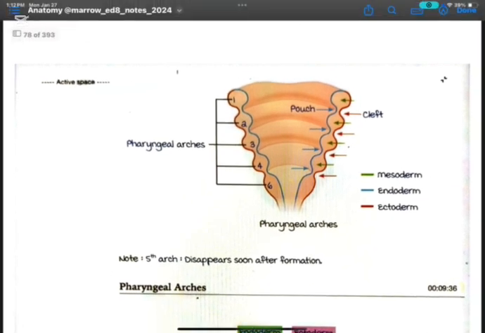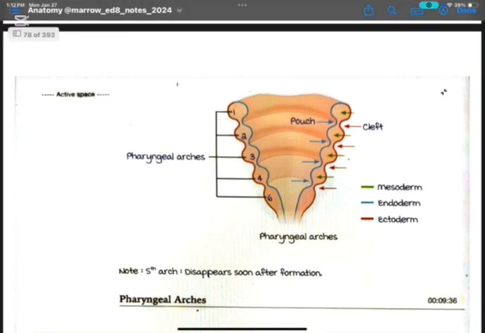This is a diagram of pharyngeal arches 1, 2, 3, 4 and 6, no 5. Inside, the blue color is your pouches, outside, the red color is your cleft. The blue color comes from endoderm, the red color from ectoderm.